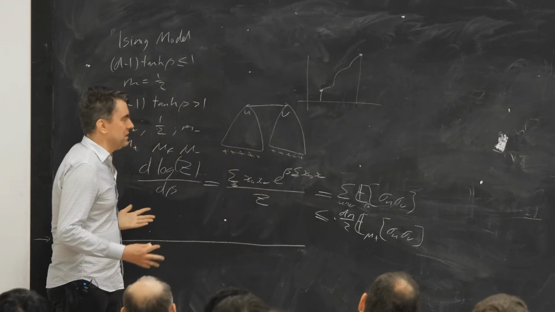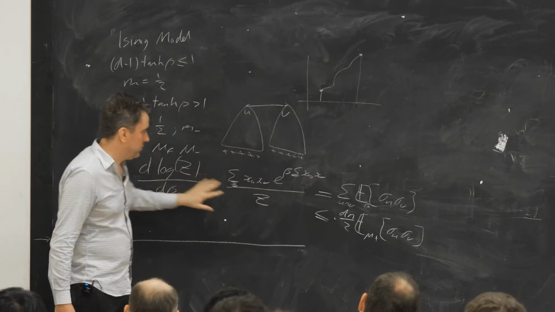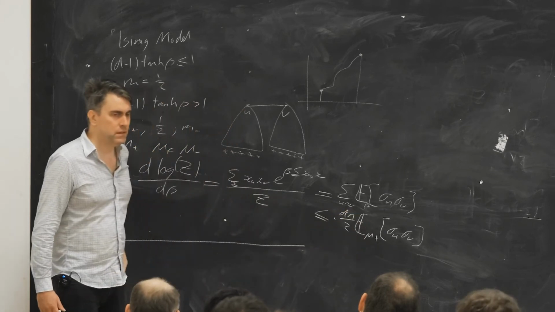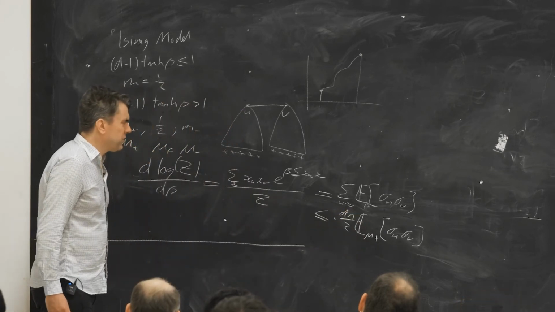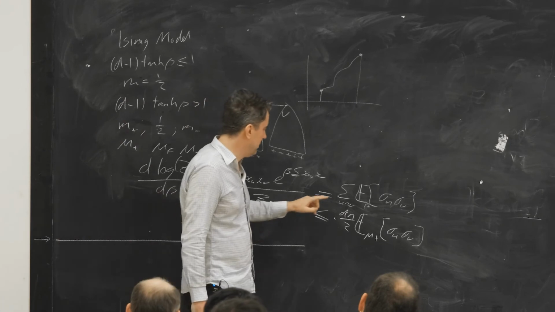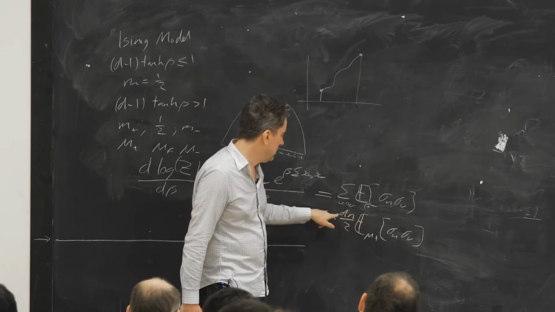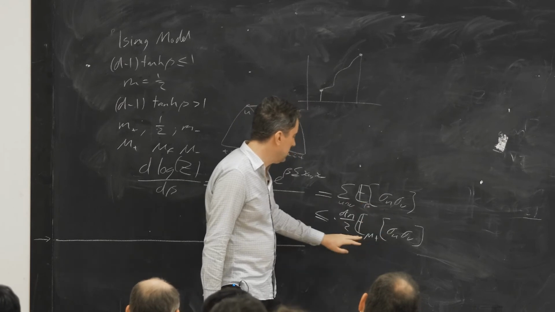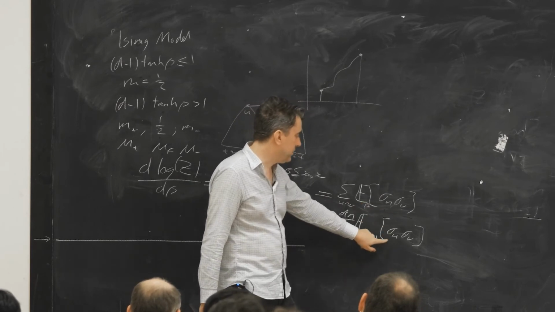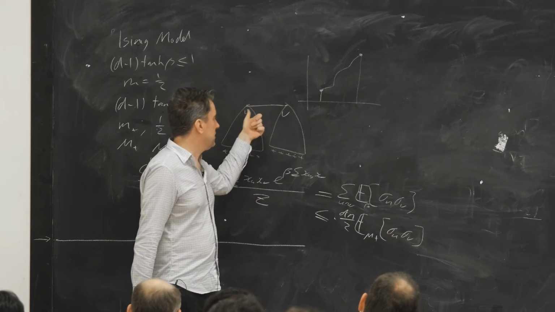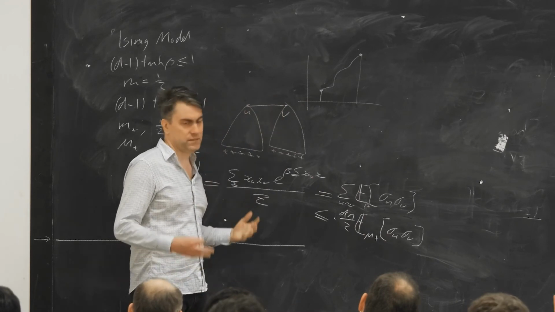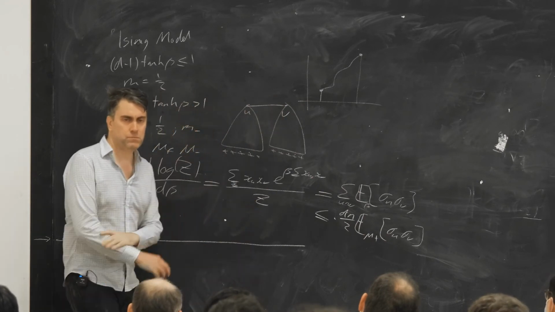And so that means that the derivative will actually be equal to this. The main thing is that the Gibbs measure that maximizes the agreement probability of two neighboring vertices is the plus or the minus measure.